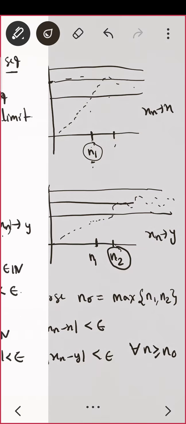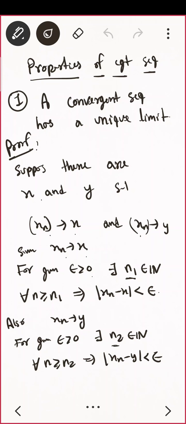Okay. Now what was my claim? What do I want to prove? I started with, suppose there are two numbers x and y such that xn converges to x and xn converges to y. What is my claim?